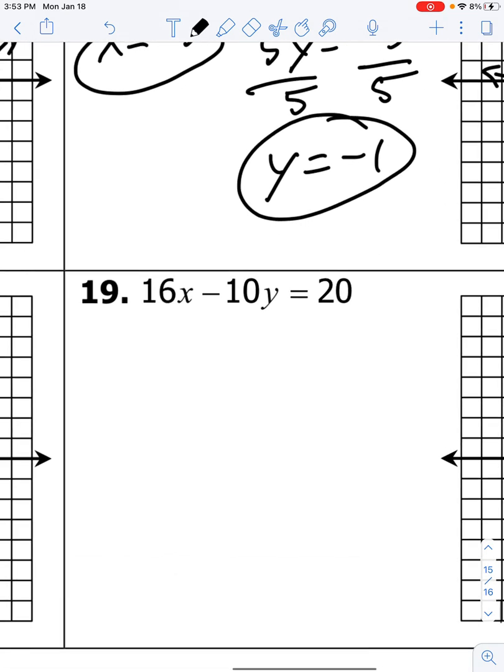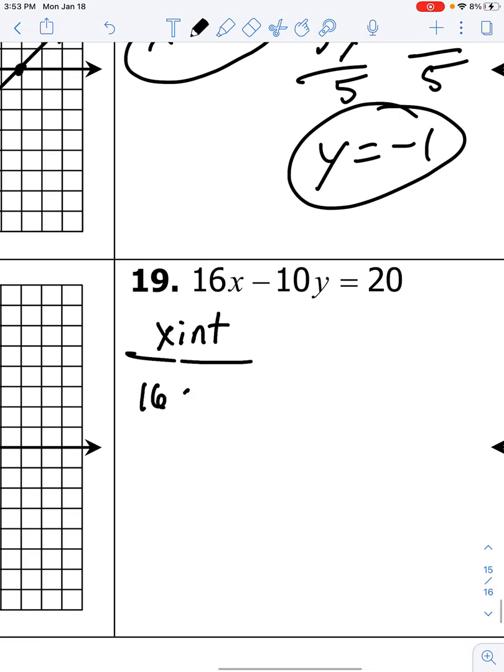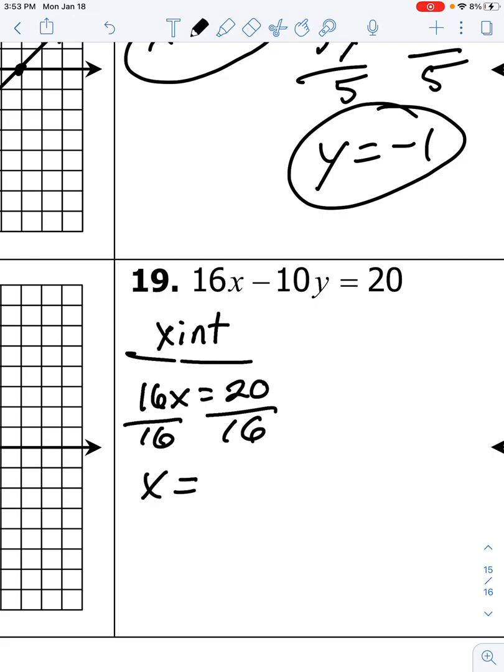19. Same principle. All right. So if we're looking for the x-intercept, take the y out. So 16x equals 20. Okay. Divide by 16. All right, so on this one right here, you're actually going to get 5/4. Now, if you take 5 and divide by 4, you're going to get 1.25.